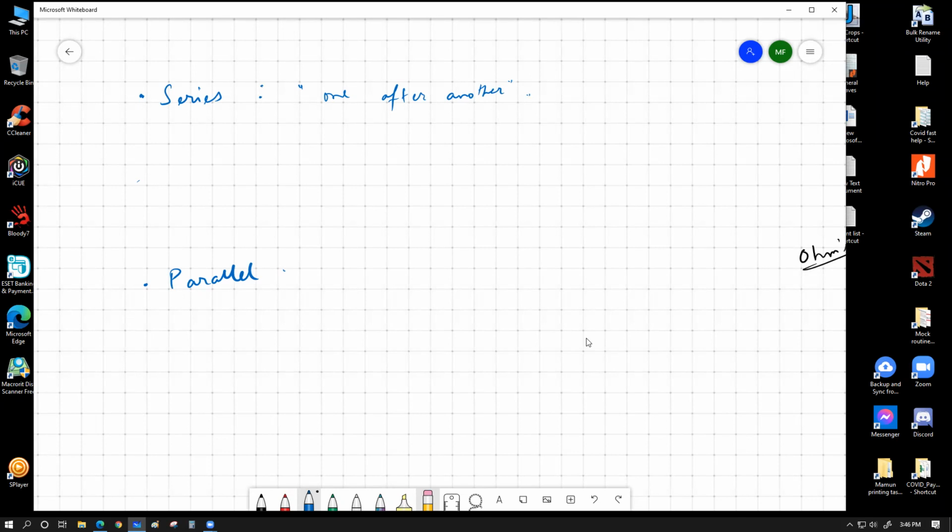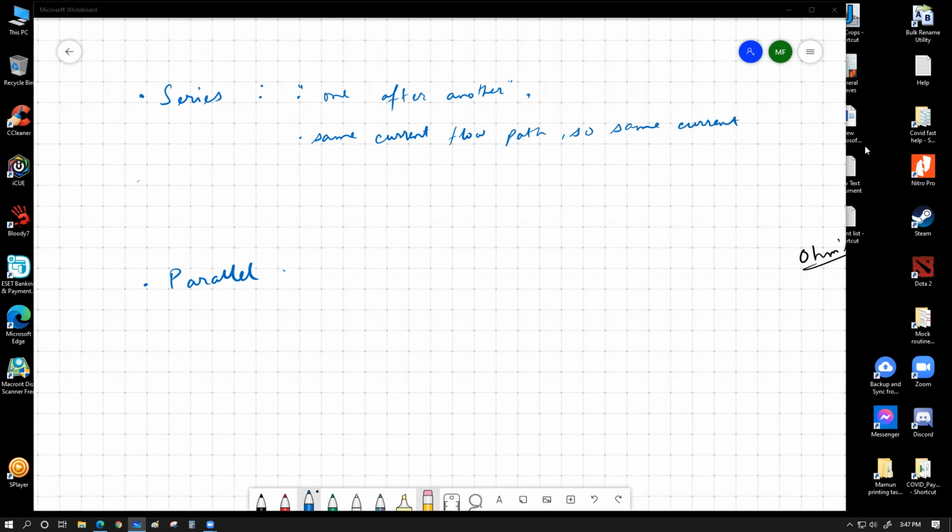This is one characteristic of series combination, and if I want to write other properties of series combination: same current flow path, so same current.